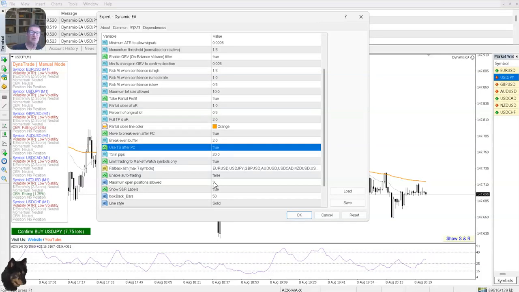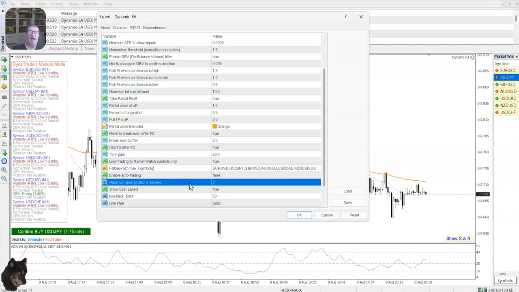So that's why, by the way, maximum open positions allowed are 3. You can change this to whatever level you want. I have it defaulted to 3 so that you can never have more than 3 open orders at any specific time.